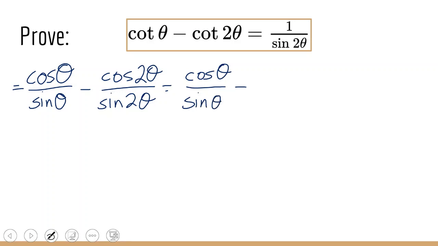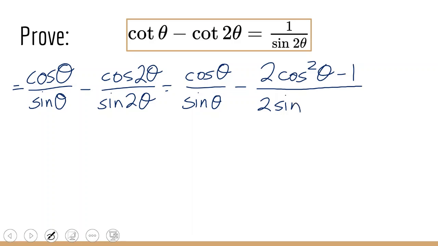For the second term, I'm going to use the double angle formulas to reduce the 2 theta to just theta. So cosine 2 theta, according to my formula, is just 2 cosine squared theta minus 1. And sine 2 theta is 2 sine theta cosine theta.